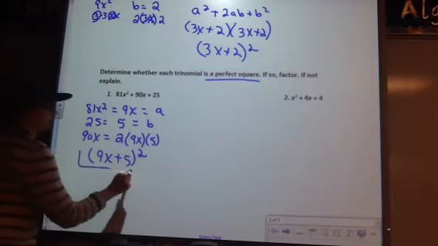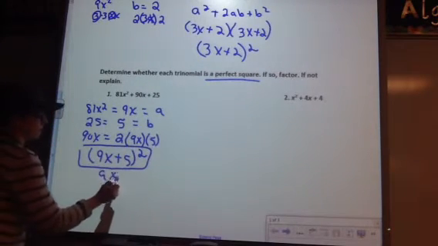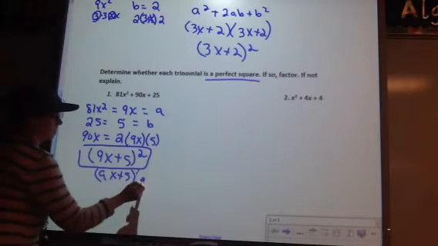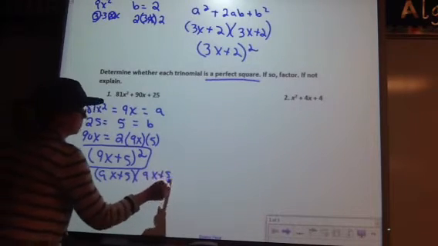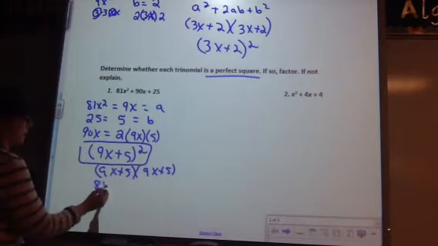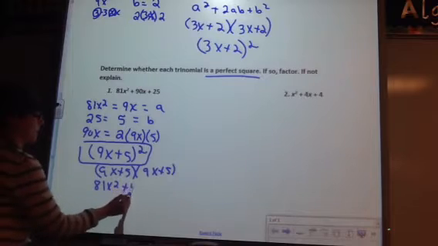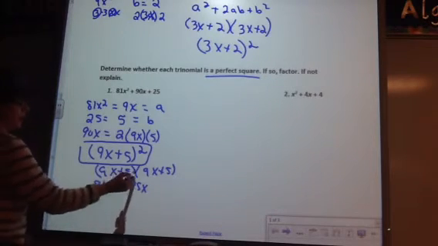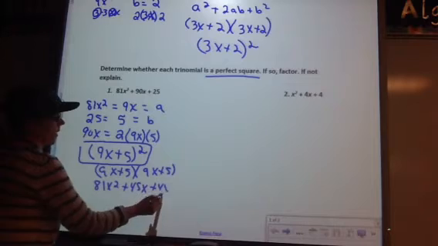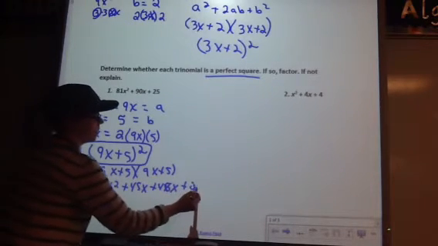Let's always check and make sure we're right here, okay? So let's FOIL this. 9x times 9x, 81x squared. 9x times 5 is 45x. 5 times 9x, 45x. 5 times 5, 25.